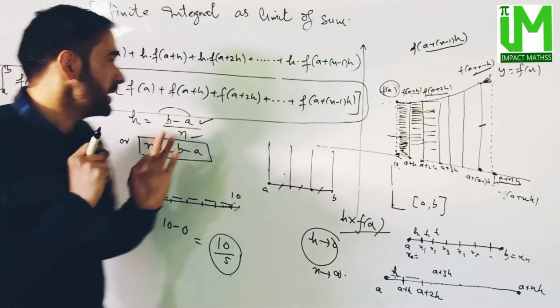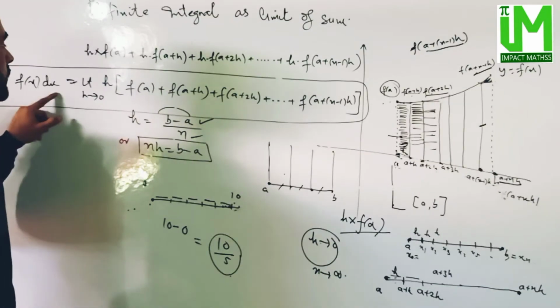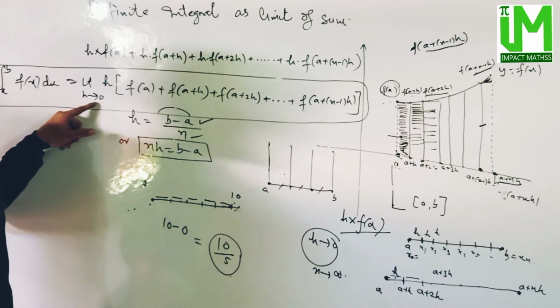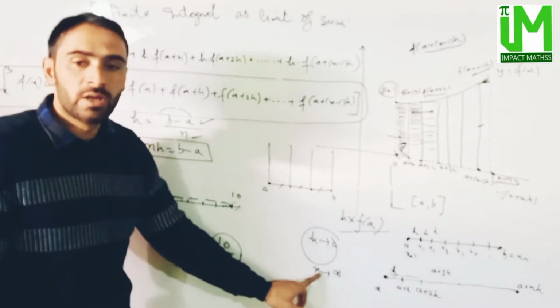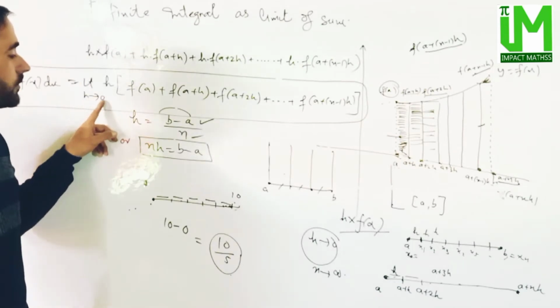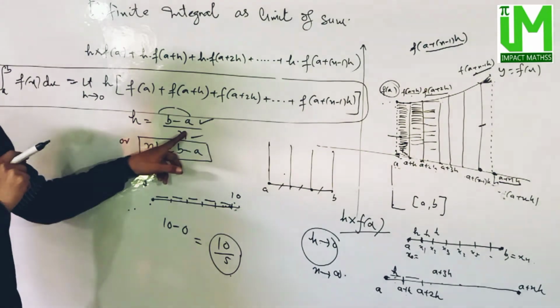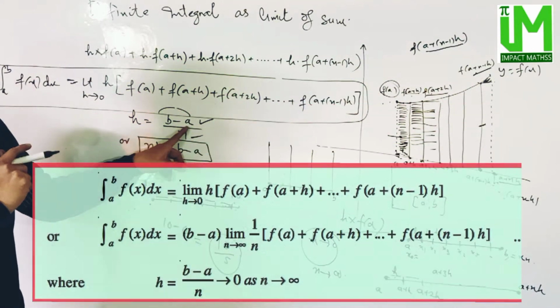So the alternate definition: the definite integral from a to b of f of x dx is equal to the limit as n tends to infinity, where instead of h we use b minus a divided by n.